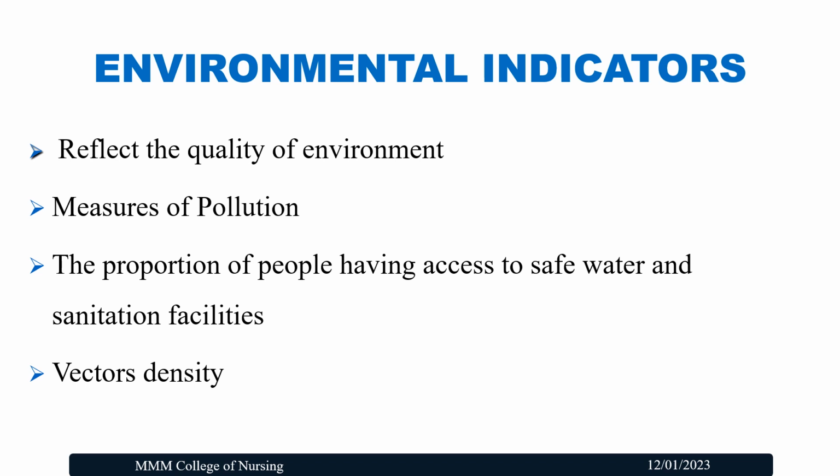Next, environmental indicators. These reflect the quality of the environment: measures of pollution, the proportion of people having access to safe water and sanitation facilities, and vector density. So these are the things we have to identify, and we can take them as measurements for the health of a population or a community.